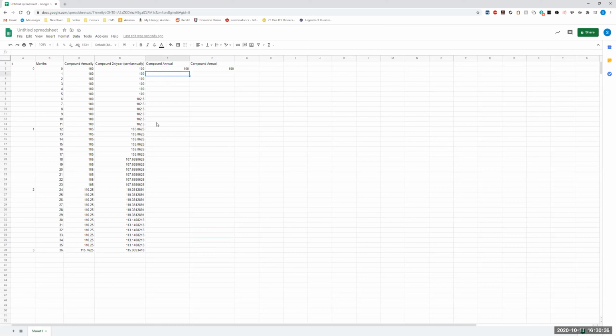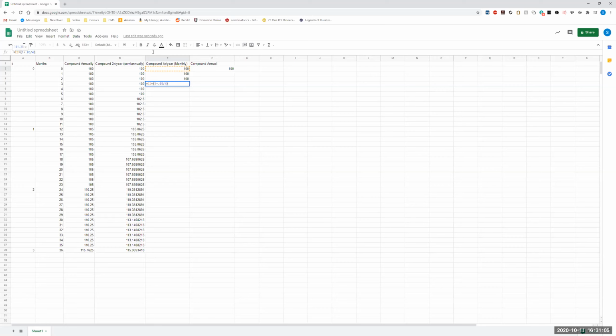We can repeat this process for compounding 4 times per year, which is quarterly, which means that it will stay the same for 2 months, and then it will multiply the original amount by 1 plus 0.05 over 4, which is the interest rate that we should have.